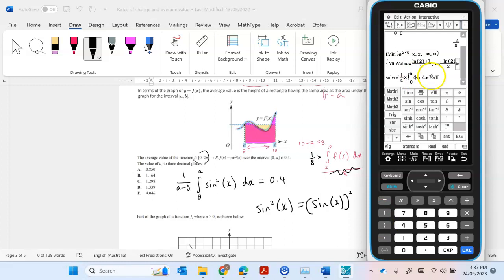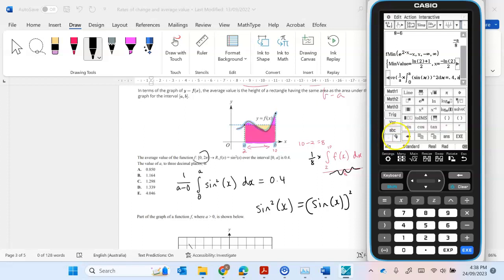They're like hugs. All right, sine squared. And then with respect to x, so just moving your cursor over, and that is equal to, what was it, 0.4. And then we're solving for a. So comma, and then we're just going to put in a.